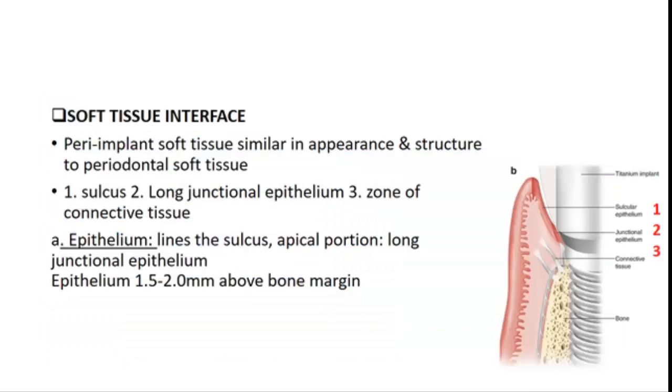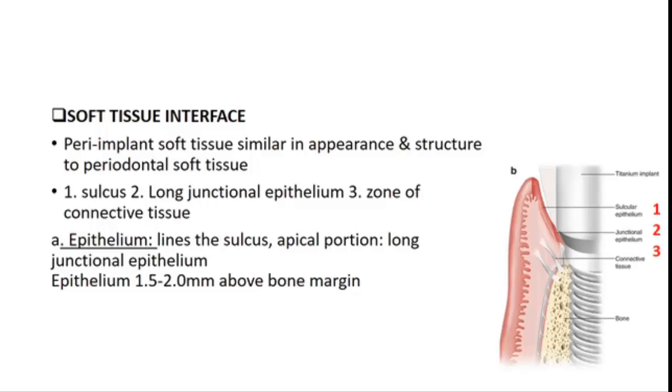We go on to the next slide now. So after describing the hard tissue interface, what happens in the soft tissue side? So if you see the diagram, there's a soft tissue which will be surrounding the implant. We call it as a peri-implant soft tissue, which is very similar in appearance and structure to the periodontal soft tissue.